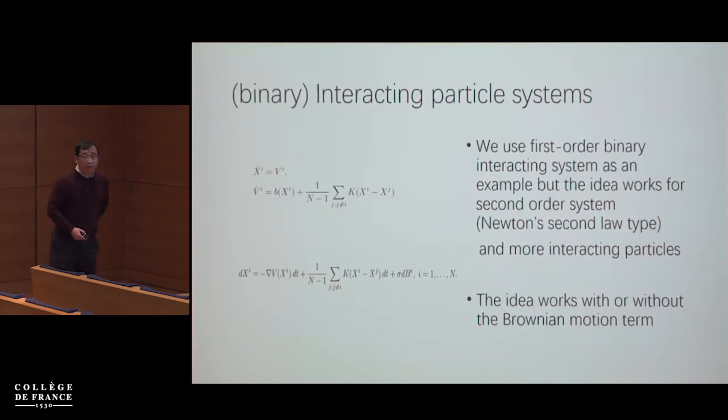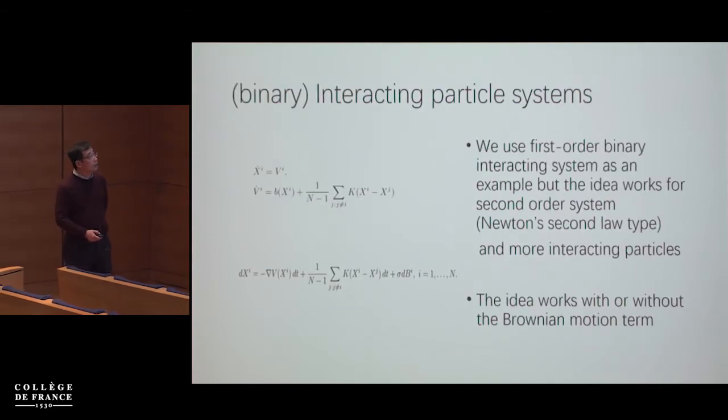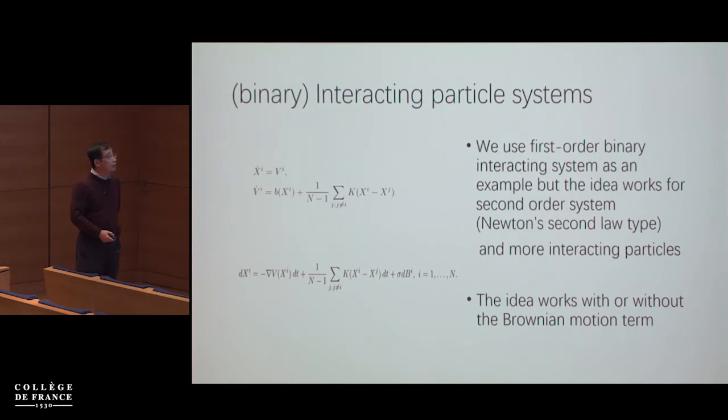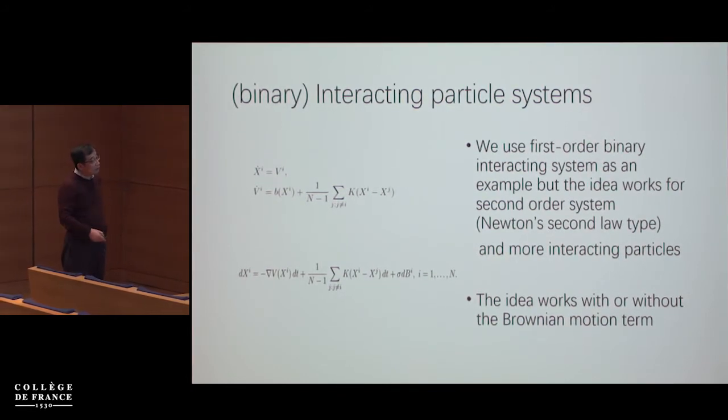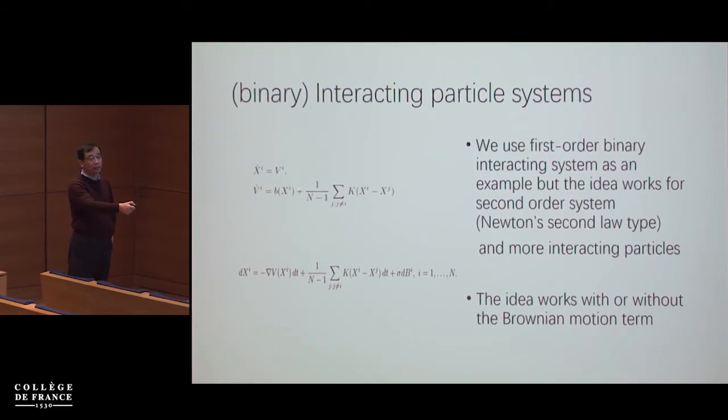All right, so let me start with the classical particle system. These are very elementary equations. It's basically Newton's second law. You have m particles, x is the position, and v is the velocity. The first equation is just the definition, dx/dt equals velocity, and the second equation is Newton's second law.